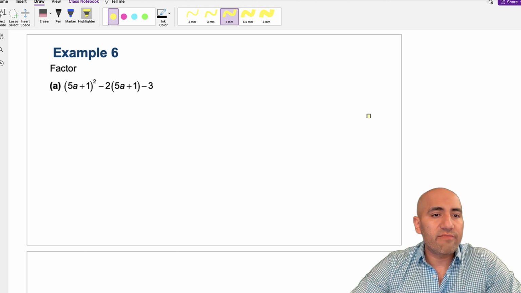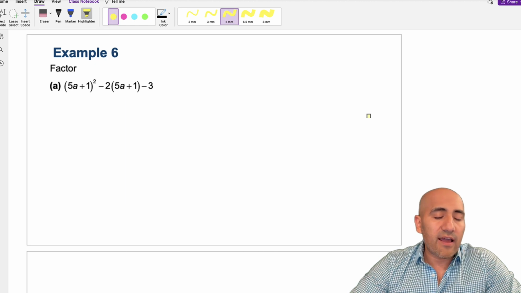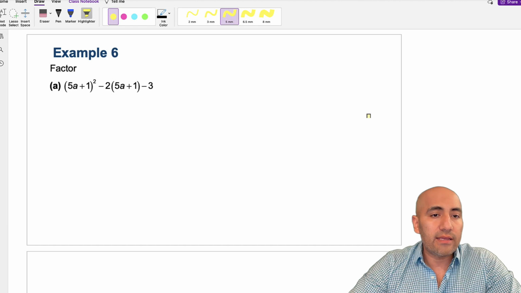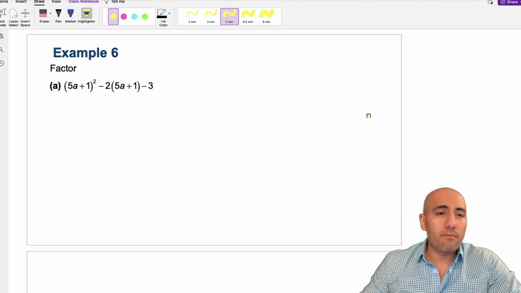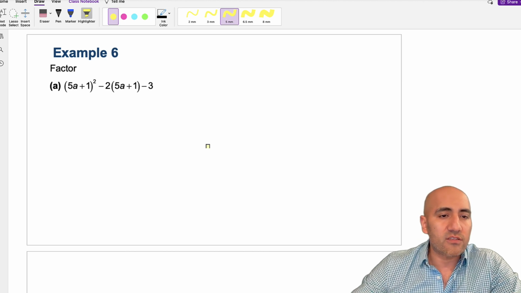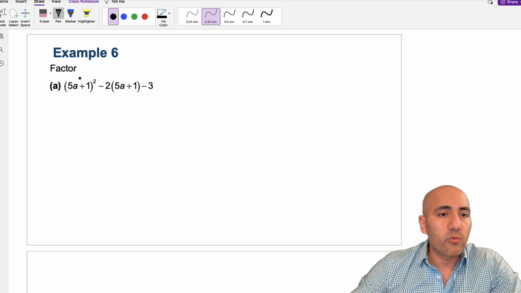Say we are faced with something like this. You're asked to factor (5a plus 1) squared minus 2 times (5a plus 1) minus 3. All right, our first instinct might be to try and expand this first. FOIL this out, which we can.